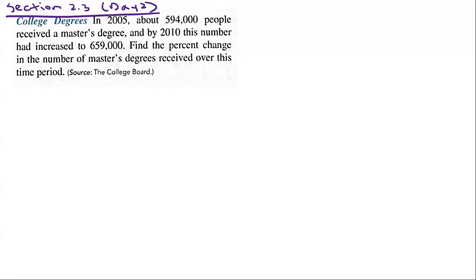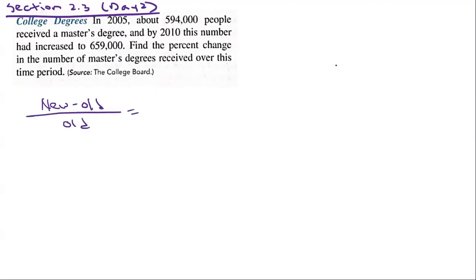So this is a percent relative change problem. Okay. So basically what you need to do is use this formula. It's the new minus the old divided by the old.